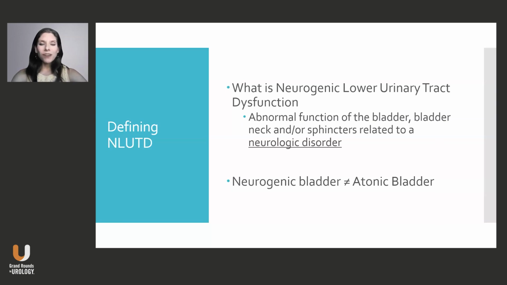Especially if you are an APP who isn't as familiar with this population, and you're referring into a practice like mine or your FPMRS colleagues, it's not necessary that we always address these patients within the context of neurogenic bladder if it's just an atonic bladder. So that's more of a PSA, but just something to keep in mind.